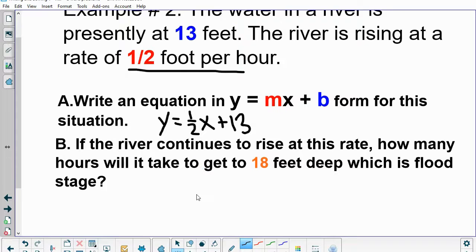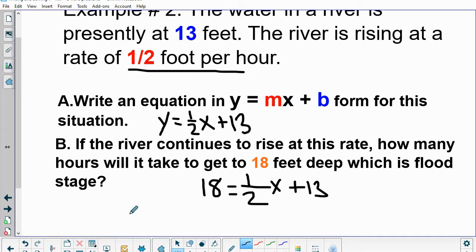Now the river continues to rise at this rate. If the river continues to rise at this rate, how many hours will it take to get to 18 feet deep, which is flood stage? This is going to be a little different. We're going to write down 18 in the position for y, because we now know how deep we're watching for the river to get, which is 18 feet or flood stage.